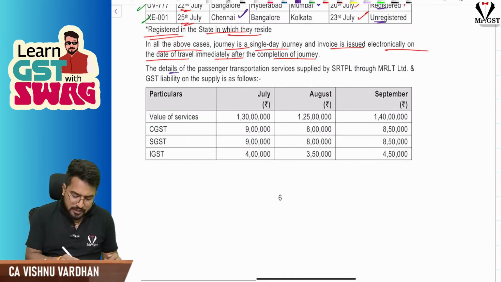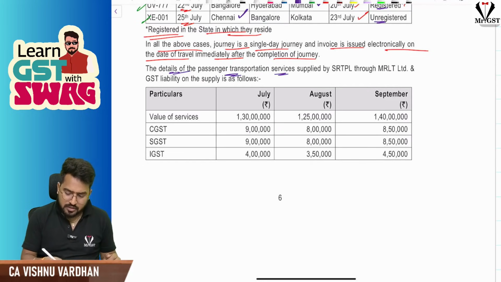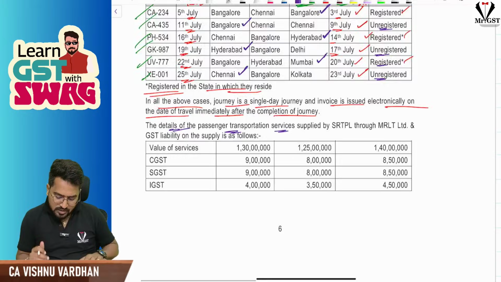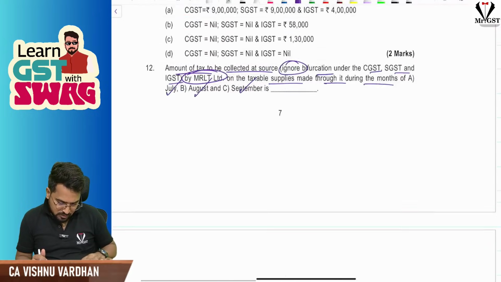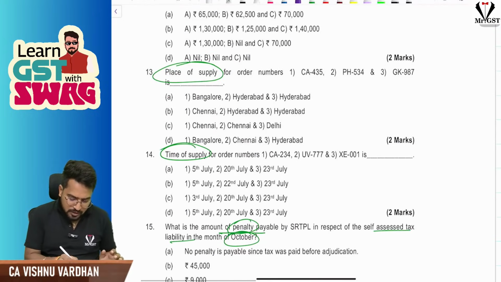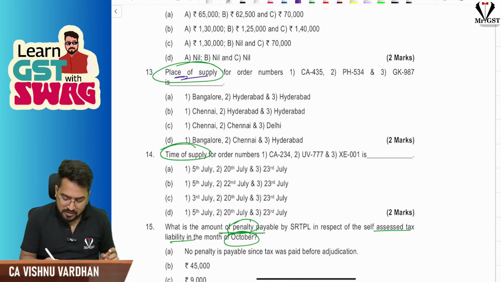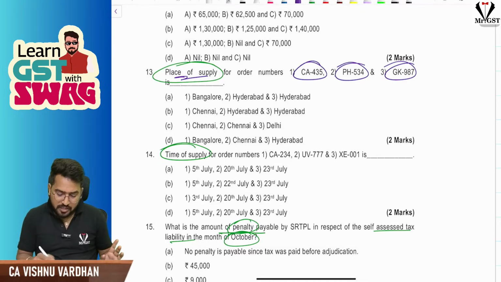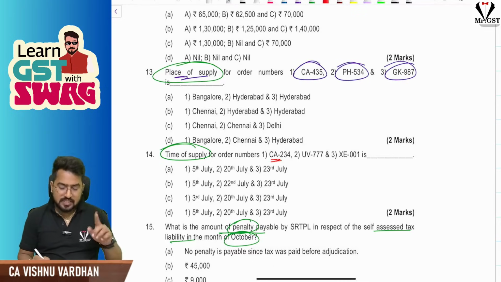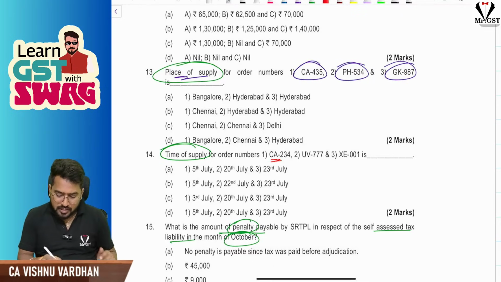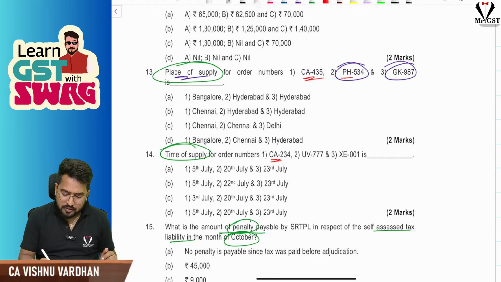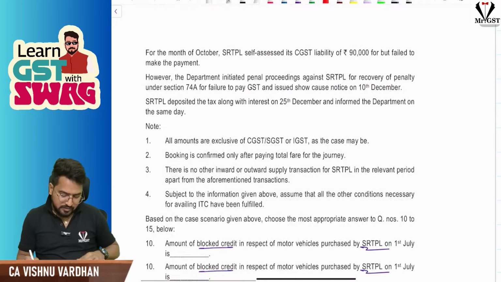Super. Those were the details of passenger transportation services. Let us close the time of supply and place of supply questions. For place of supply, they have asked for specific invoice numbers: CA 435, PH 534, GK 987. Be careful here, there are two invoices with the CA serial number.